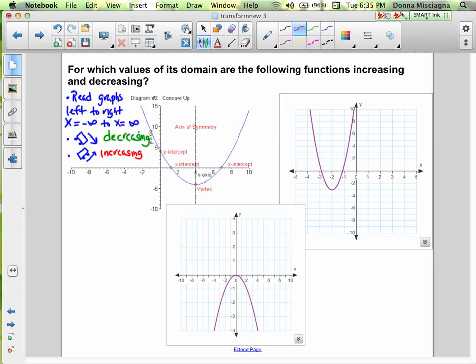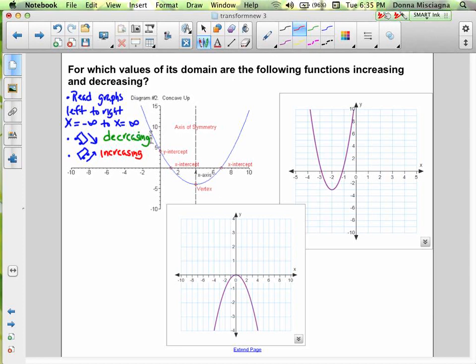So we're always going to switch from increasing to decreasing or decreasing to increasing at the vertex for quadratics. That's not going to work when we get to polynomials because they don't necessarily have a vertex. But for our quadratics, we're going to change at the vertex.